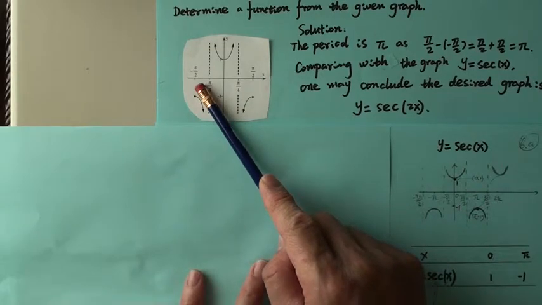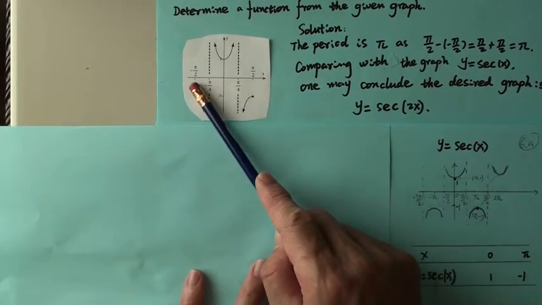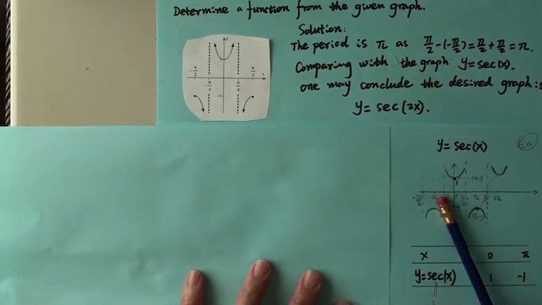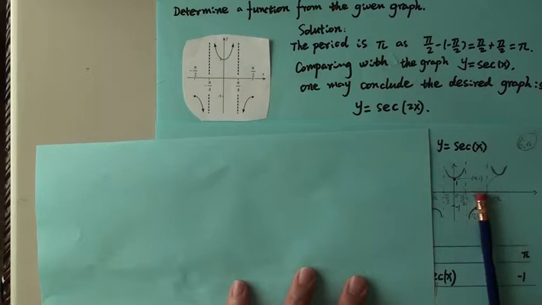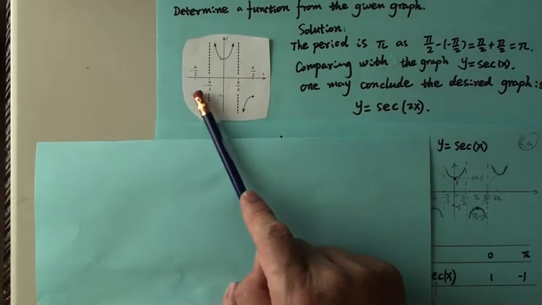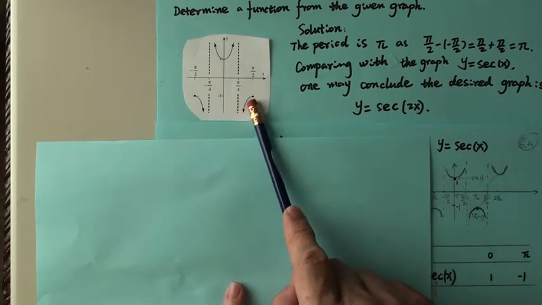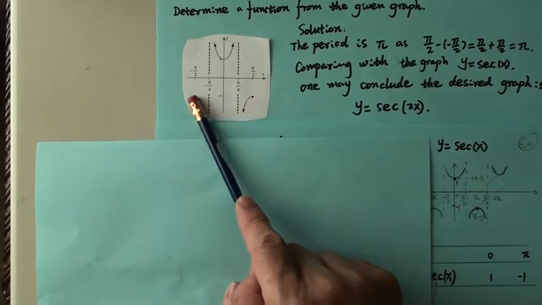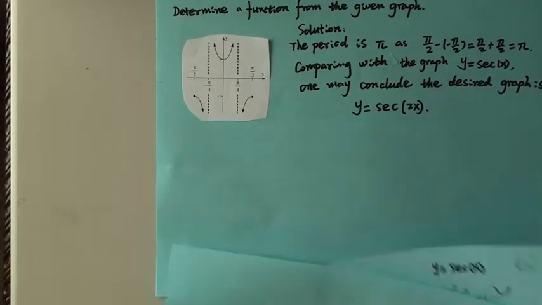From negative pi over 2 to positive pi over 2 the distance is pi, so that's one period. But down here, from negative pi to positive pi, you will see the period is 2 pi. This just tells you that we only sketched from negative pi over 2 to positive pi over 2, which is why we only see the half range. All right, that's one example.